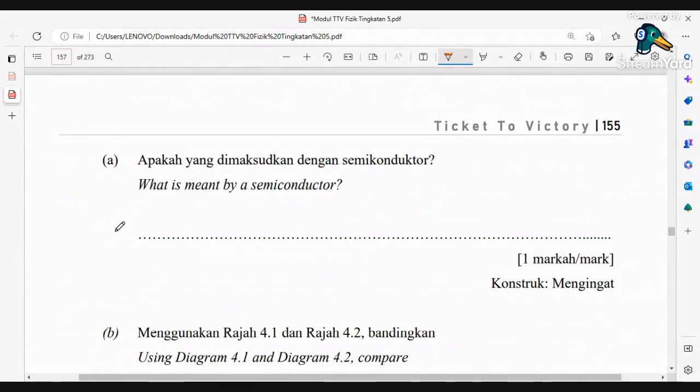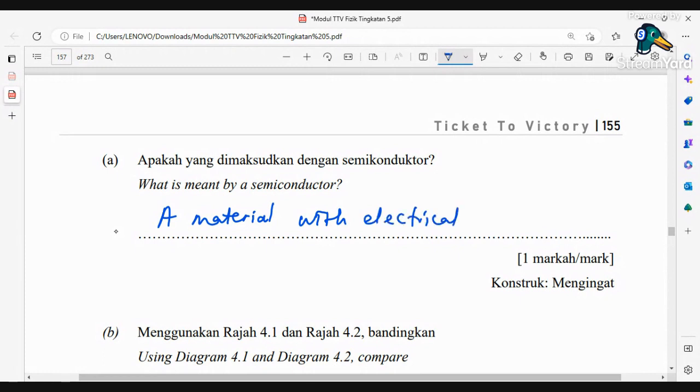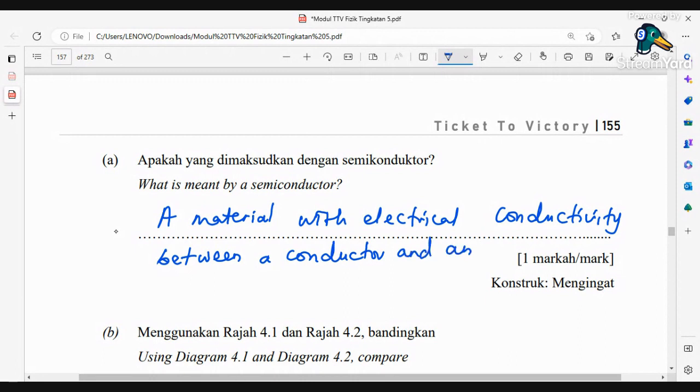Okay, what is meant by semiconductor? It is a material with electrical conductivity between a conductor and an insulator.